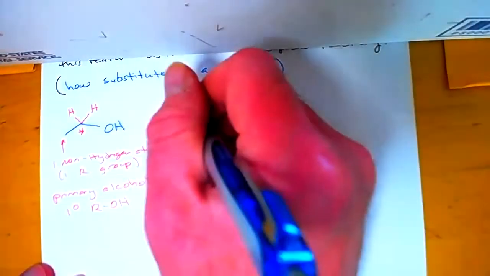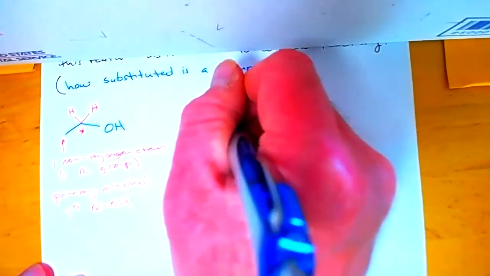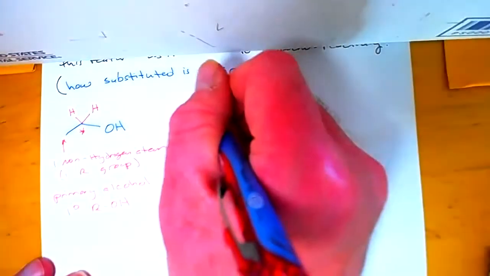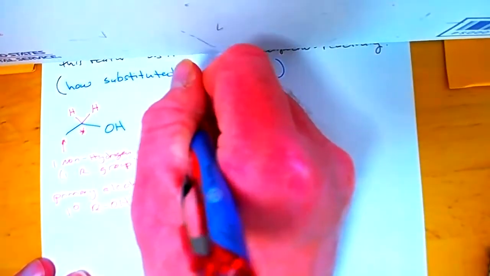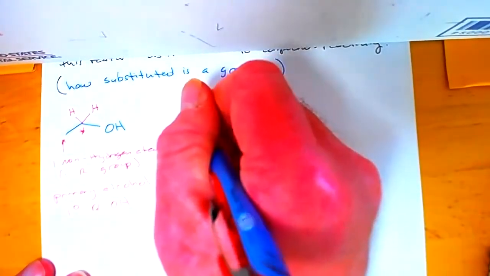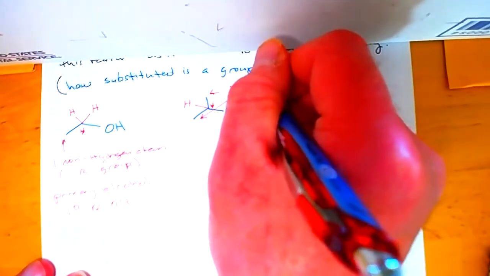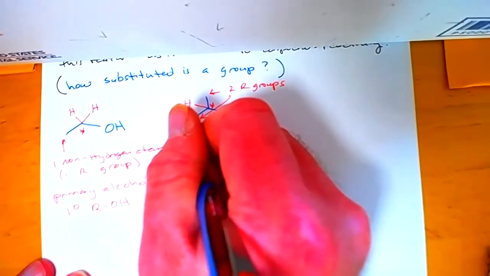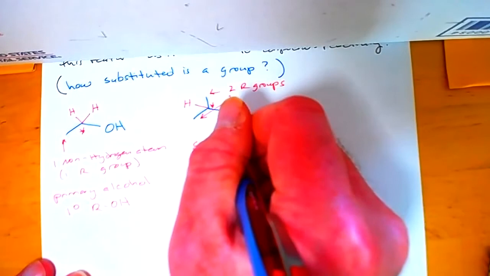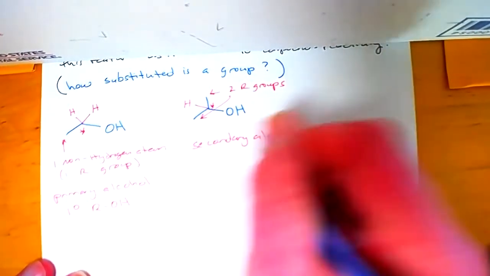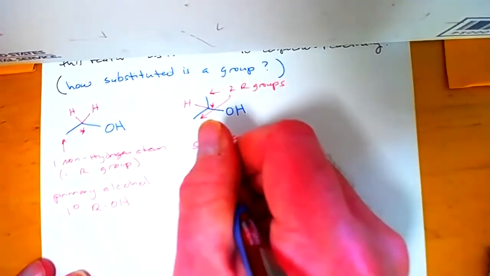Now, if you look at this alcohol here, and you look at the carbon atom that it's bonded to, notice here there's now only one hydrogen. Now there are two R groups. Well, so we refer to this as a secondary alcohol, or 2 with a degree symbol.